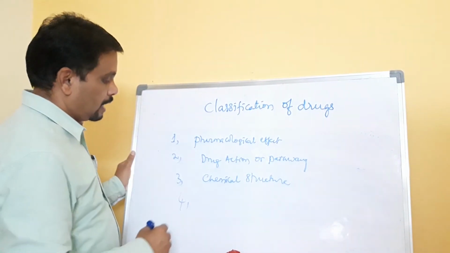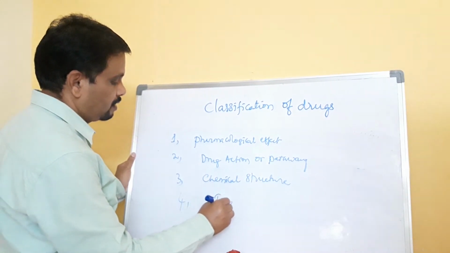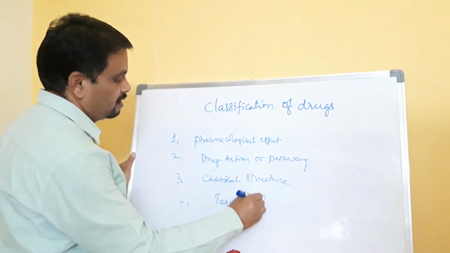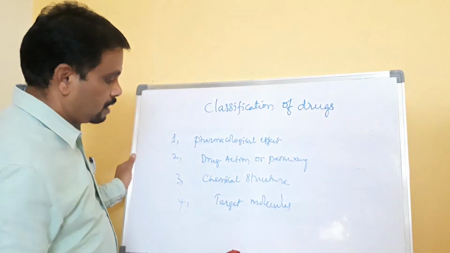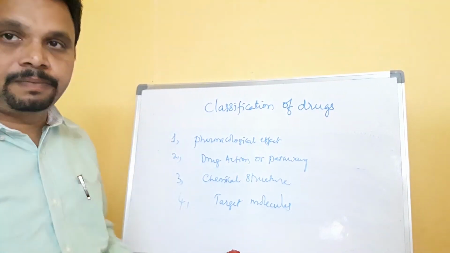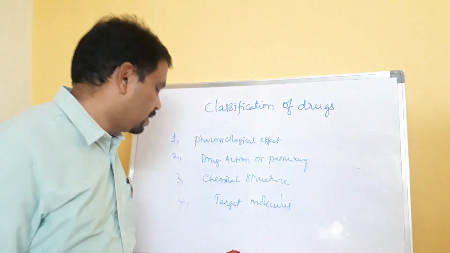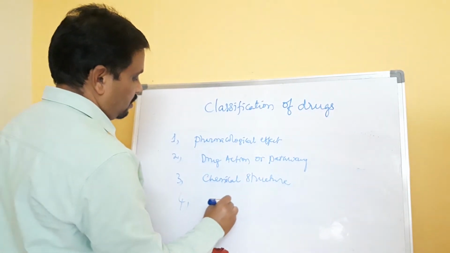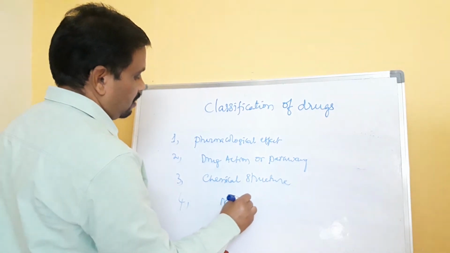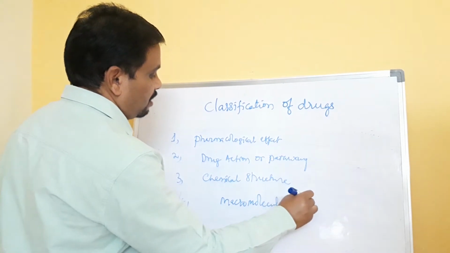What about the last one? Drugs are classified based on the target molecules, or target macromolecules. We can say molecular targets are macromolecular targets. This is the correction: you can make it macromolecular targets.